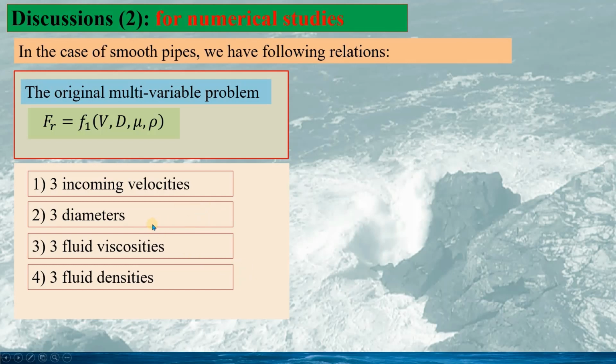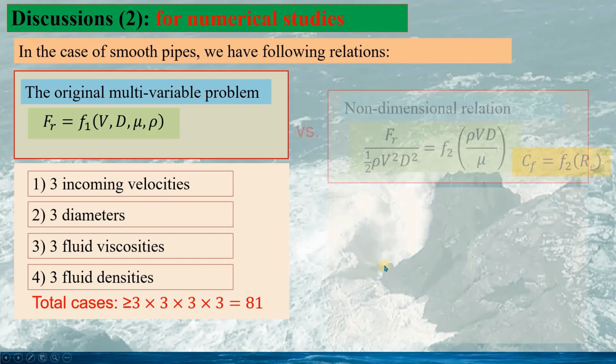Although in numeric methods we can change these parameters easily, the question is, every time we change this, we might need to solve the Navier-Stokes equation, and it would be very time consuming. So the total would be equal to or larger than 3 times 3 times 3 times 3, 81 cases.